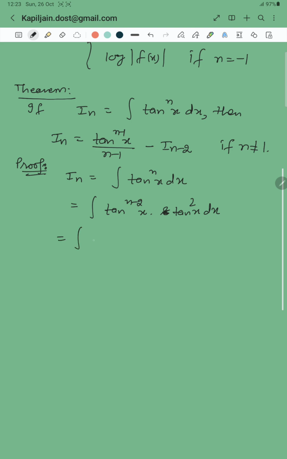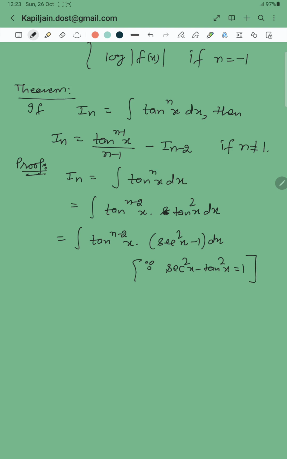Now this is equal to integral tangent raised to power n minus 2 x multiplied by secant square x minus 1 dx, because we know that secant square x minus tangent square x is equal to 1. So this integral further becomes integral tangent raised to power n minus 2 x into secant square x dx minus integral tangent raised to power n minus 2 x dx.